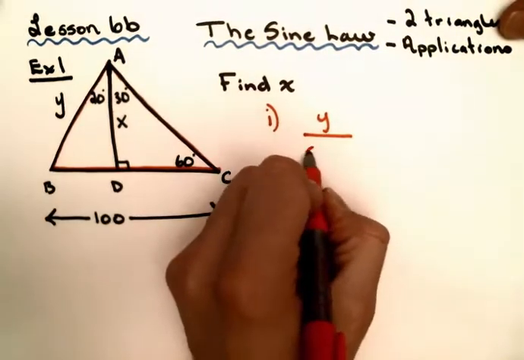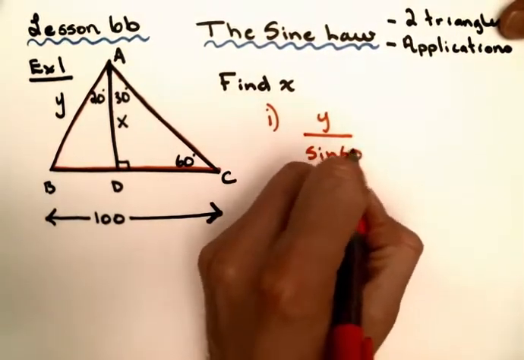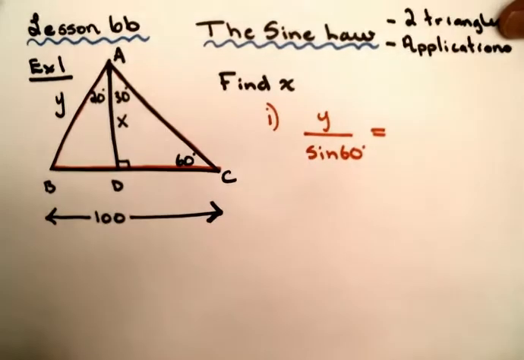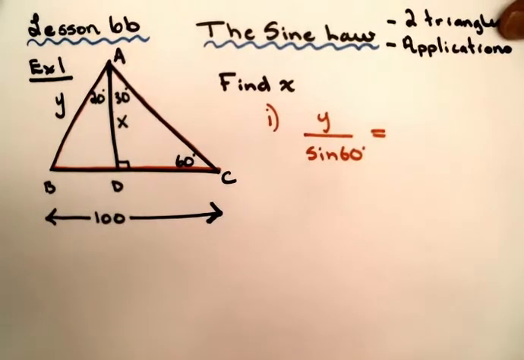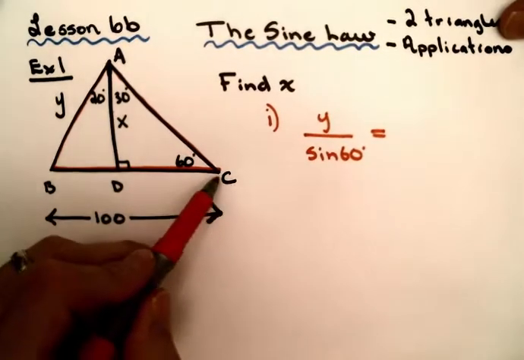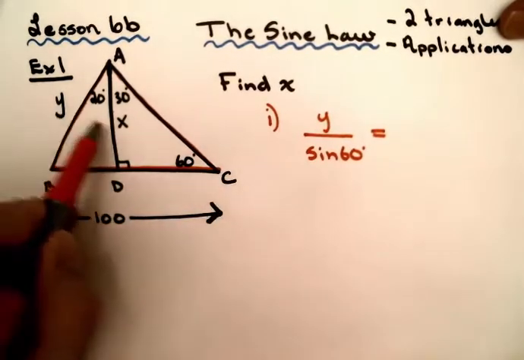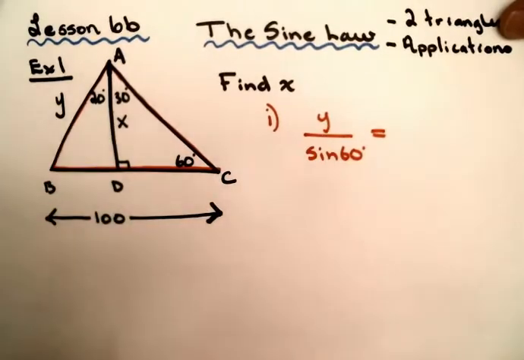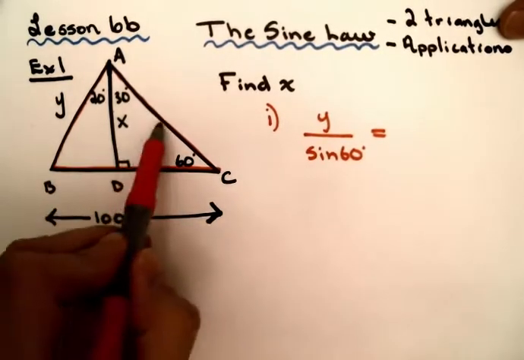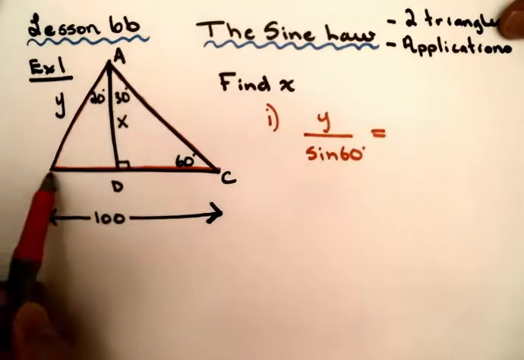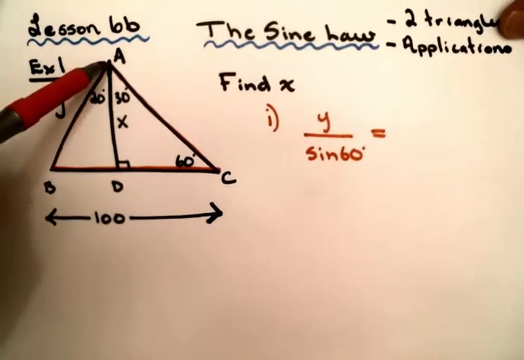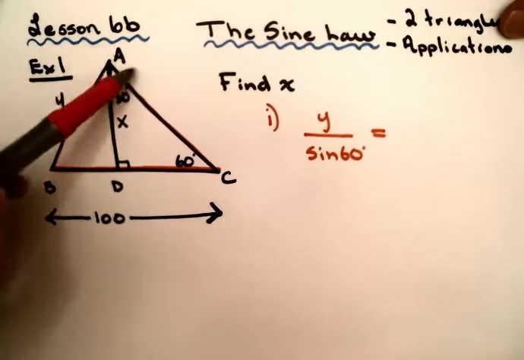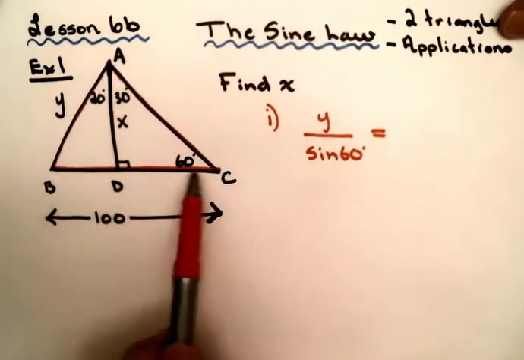So Y over sine 60, and I'm hoping there's a ratio in the orange triangle that's fully known. So we just did this angle and that side pair. Let's see if angle B, well, he goes nowhere because there's no angle known here and there's no side known over here. So the only other option is angle A with his opposite side.